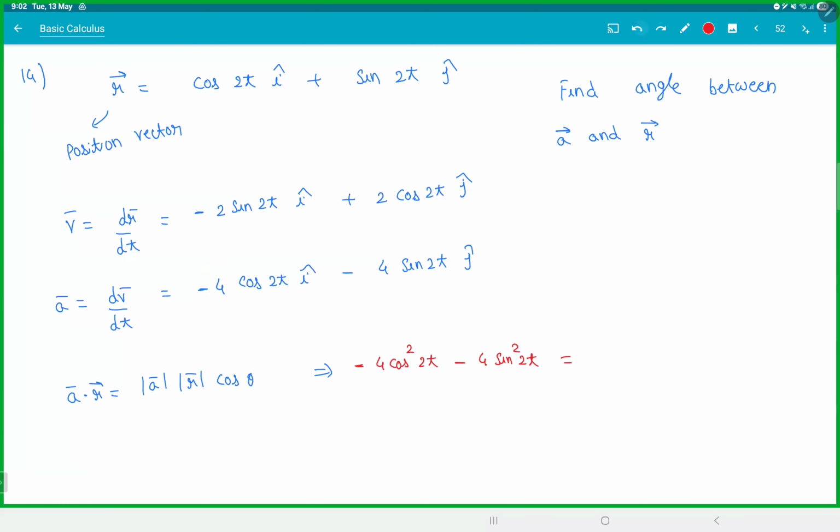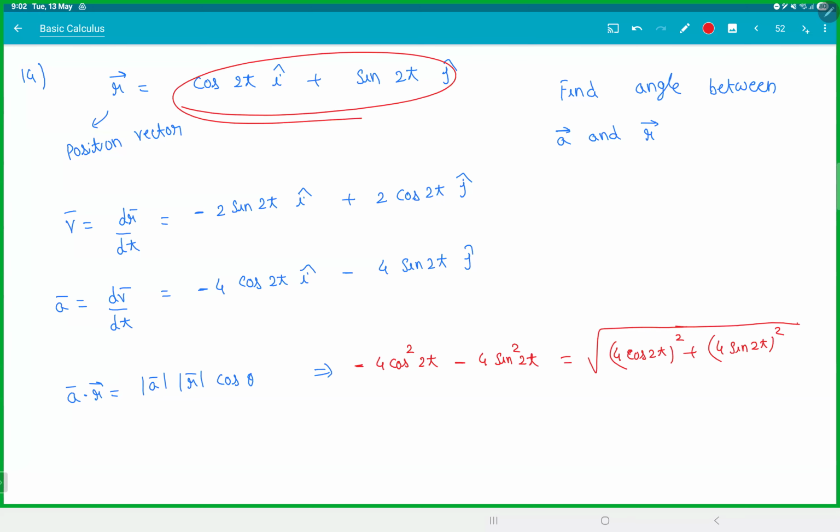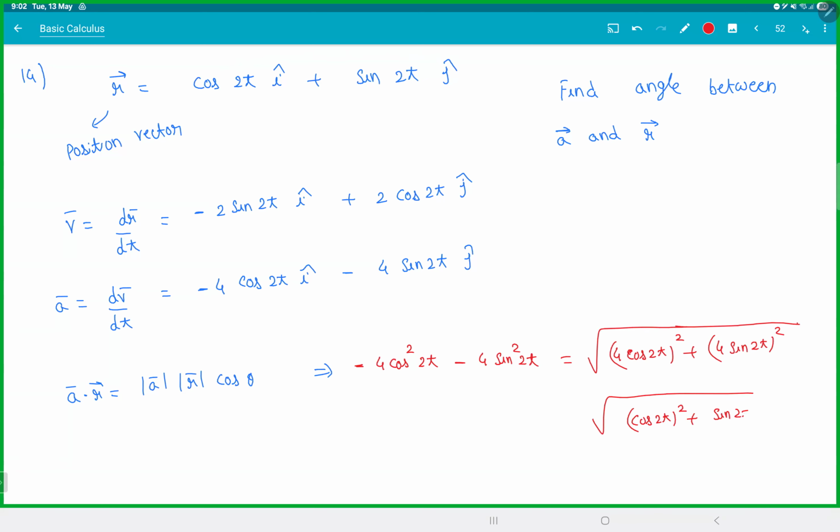Okay, this is sine square 2t. What is mod a bar? Magnitude of this vector, which is root over 4 cos square 2t plus 4 sin square 2t, and mod r bar, this magnitude, root over cos square 2t plus sin square 2t.